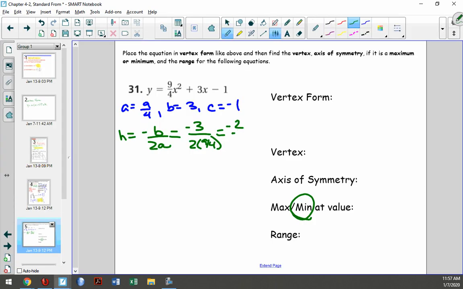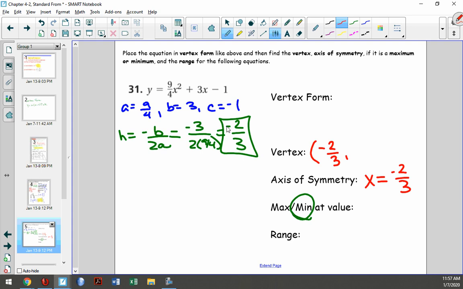Negative 2/3. So that is what my H value is. Well, where can that negative 2/3 go? It's the start of my vertex. What else is it? Axis of symmetry, so x is equal to negative 2/3. And how about I put it on the right level this time?